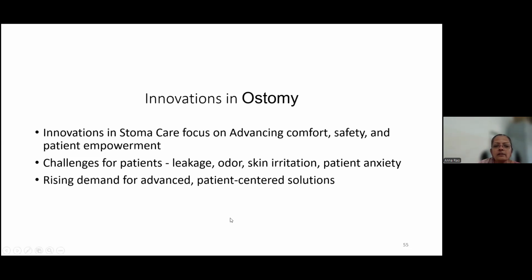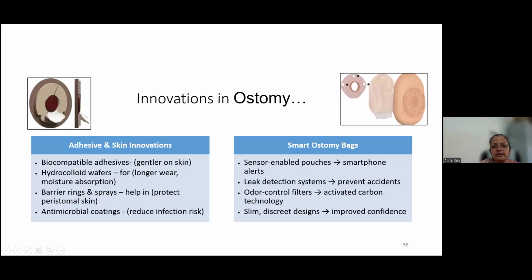And because of the rising demand for advanced and patient-centered equipment and solutions, these things are also important for us to understand. So here are some of the innovations. You can see here, you can fold this and it will come over the stoma and fix in a better way.